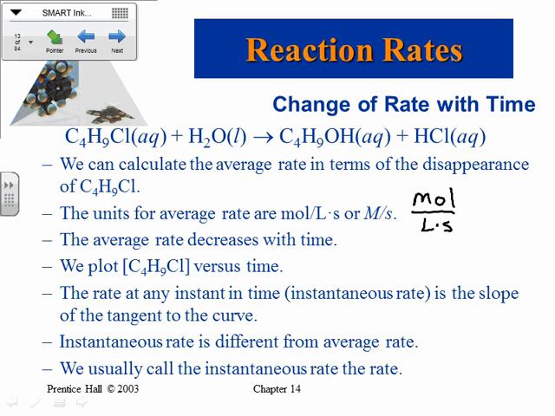So I don't know why, but on the AP exam in the past, they've made a big deal about units in this particular section of the class. So for kinetics, units are a big deal. You always want to make sure that you're putting your units. You're going to get questions sometimes about what are the units for the rate constant, what are the units for this rate, those sorts of things.